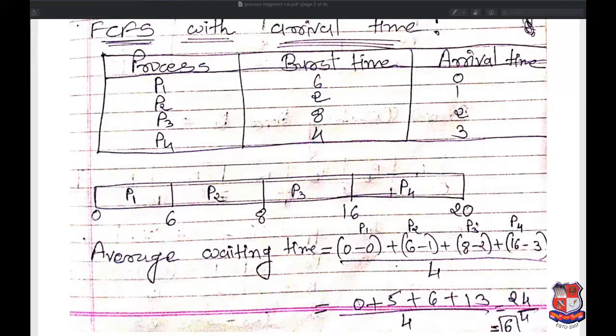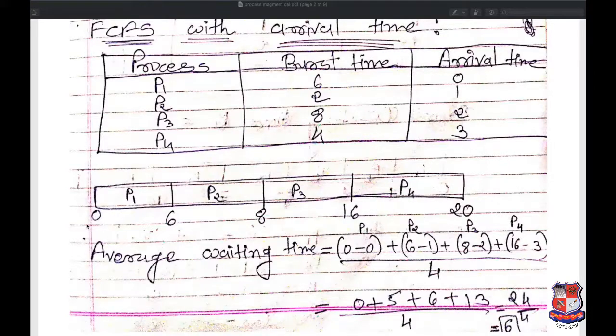So we consider the FCFS concept. At last, we find out the waiting time of all the processes. The equation of the waiting time is, for P1, the starting value of P1 minus arrival time of P1.